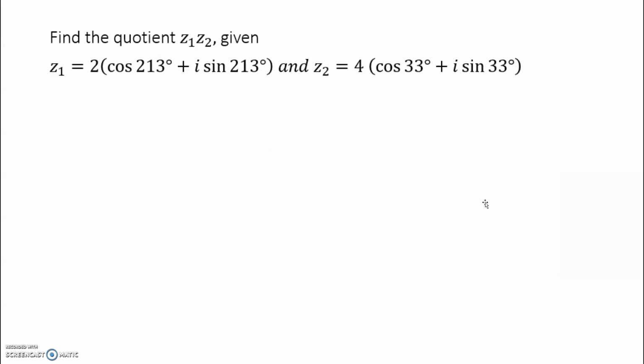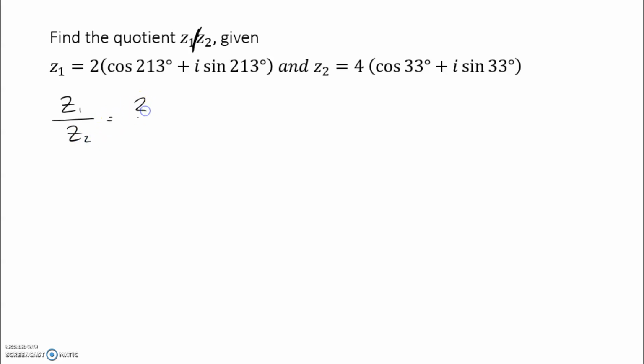Okay, so if we look at this one, we're actually going to find the quotient, so z sub 1 divided by z sub 2.